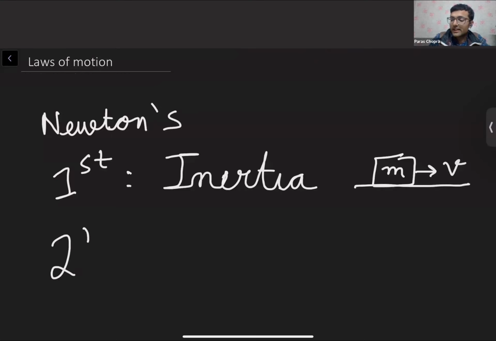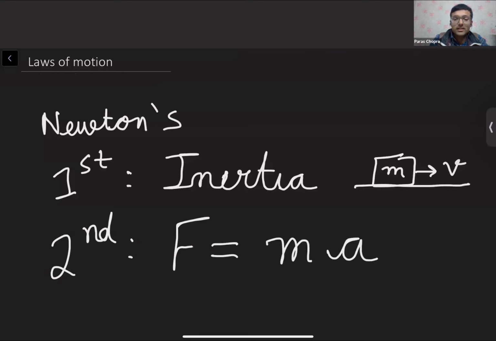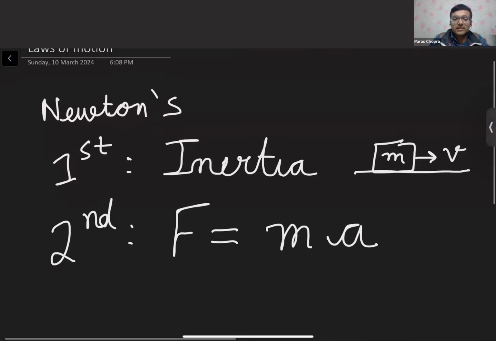The second law of Newton talks about the numerical value of force. It says that force is directly proportional to the acceleration, and the constant of proportionality is nothing but the mass of an object. So this second law also gives an idea of what mass m of an object is: mass is the constant of proportionality between the force and acceleration.